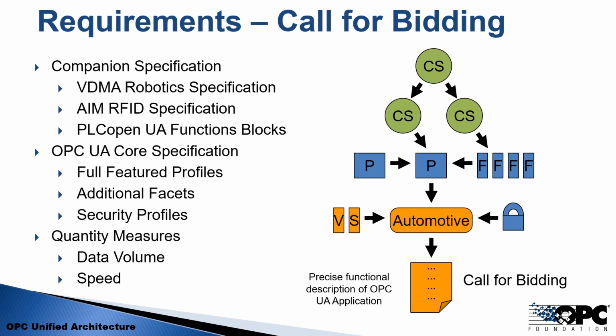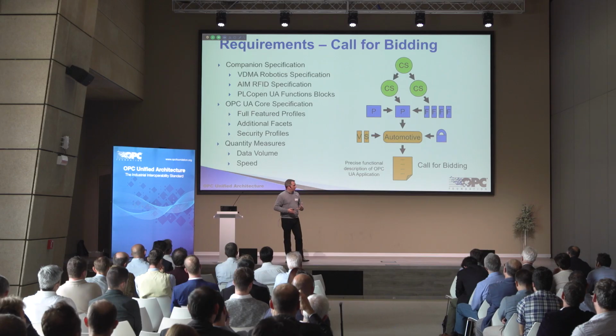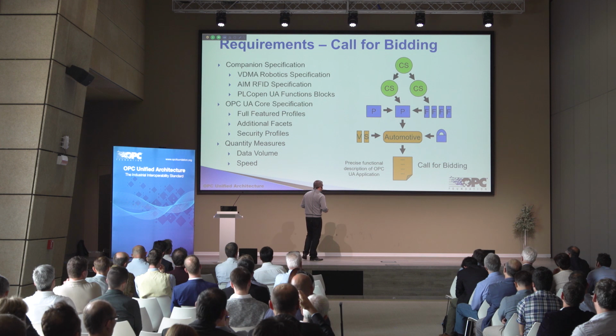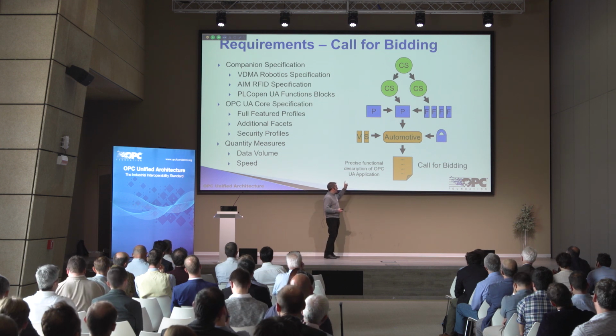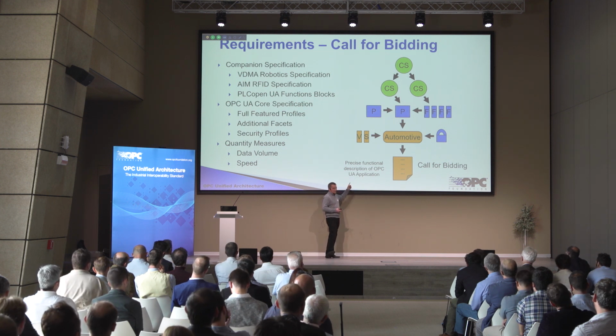What you then need to add is the security policies you want to use and the volume and the speed, so the number of parallel connections that should be allowed. With that, you get the final, precise, functional description of the UA application.